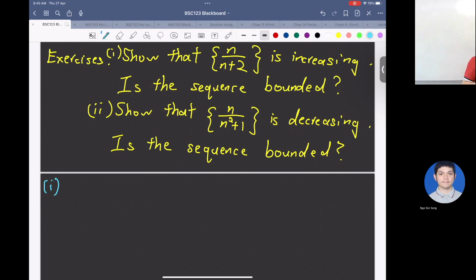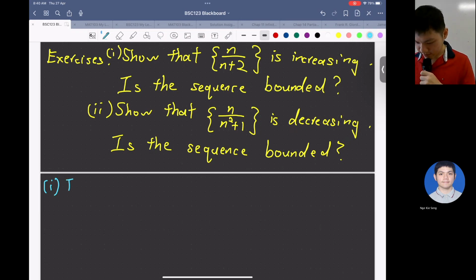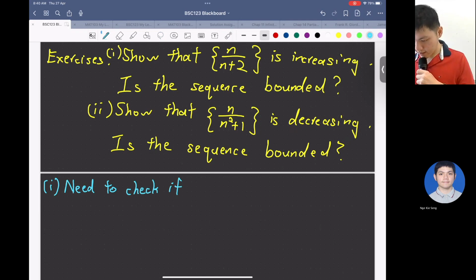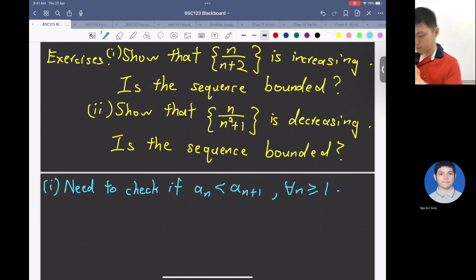To show that a sequence is increasing, what's the definition? a_n is less than a_(n+1). So we need to check if a_n is less than a_(n+1) for all n greater than or equal to 1. In this case, our a_n is n over n plus 2.